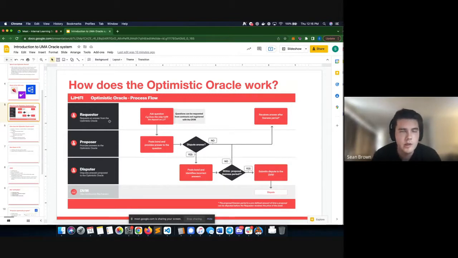So we use these things called UMIPs, which stand for UMA Improvement Proposals, to approve different types of price identifiers. They're also used for other things like protocol upgrades and approving different types of collateral currencies. But we also use them to approve price identifiers. Now, a price identifier is essentially just a methodology on how to arrive at a price.